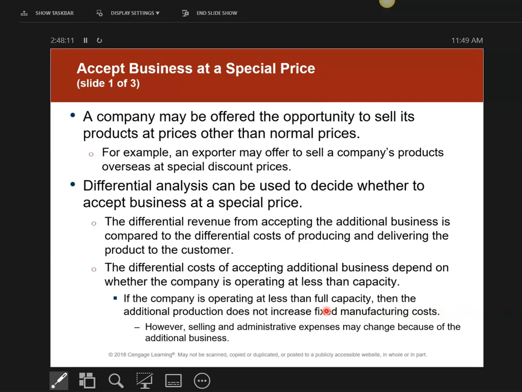The key factor is, what capacity am I running at? If I'm not at 100% capacity, then I can actually accept it if the numbers work out. If I'm at 100% capacity, that means it's going to cost me more manufacturing costs to run machinery for a special price. So let's take a look.